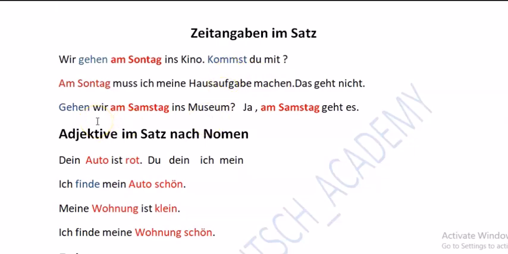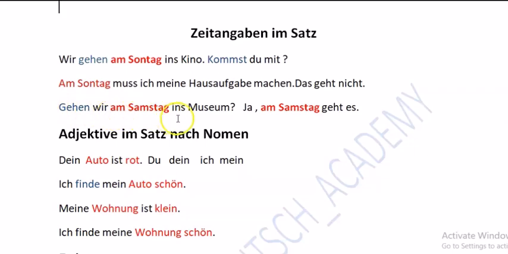Then we say to our friend, gehen wir am Samstag ins Museum? Gehen wir, here we brought the main verb to the beginning of a sentence. It means we are asking. We have made a Satzfrage. A Satzfrage means a sentence question, a statement question. We have made a declarative sentence and changed it to a question.